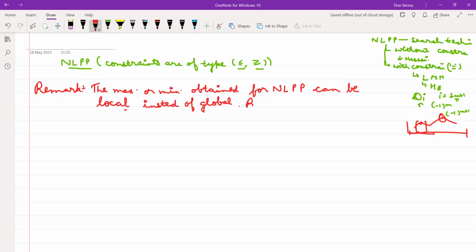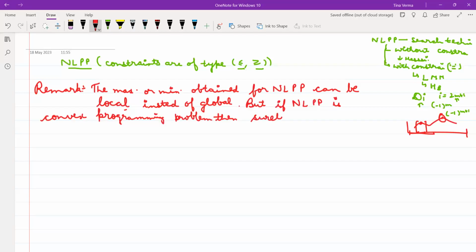But if your NLPP is a convex programming problem, then surely the maximum or minimum is a global maximum or minimum. So you got my point.